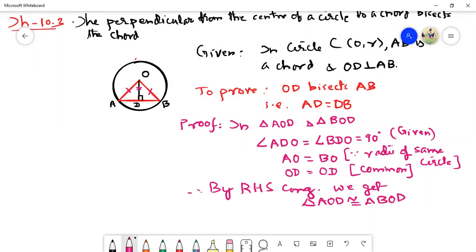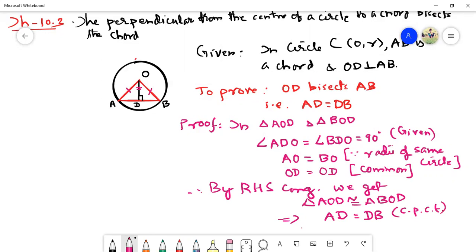When they are congruent by CPCT, AD will be equal to DB by CPCT.